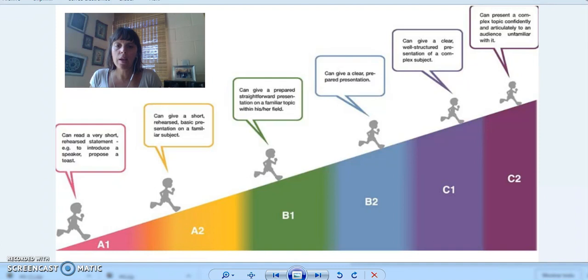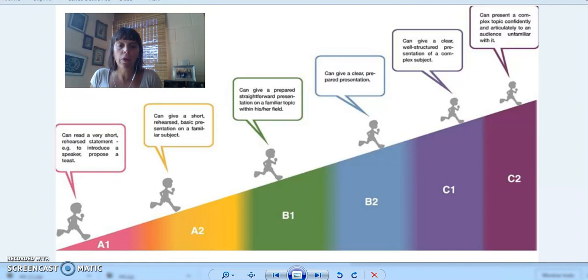At an A2 level, they can give a well-rehearsed presentation, maybe a presentation that you put together with all the students and then you took time to rehearse with them.